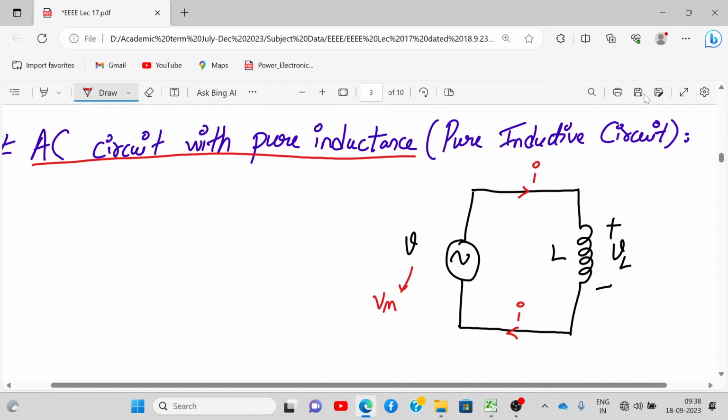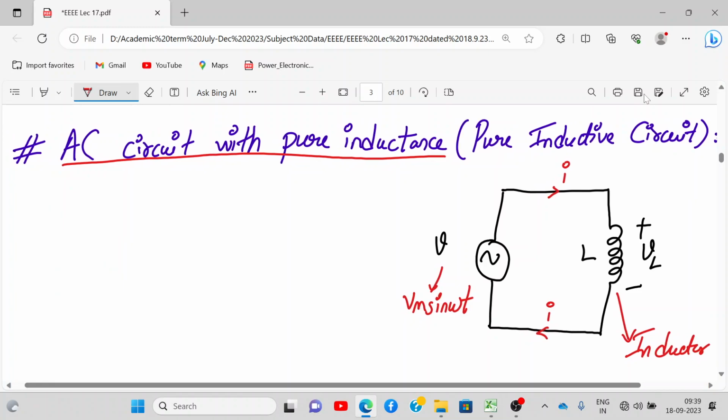This V is Vm sine omega t. What is small v? The AC applied voltage. And what is small i? The circuit current. So V is given by Vm sine omega t. Let's go step by step. This is equation number A.